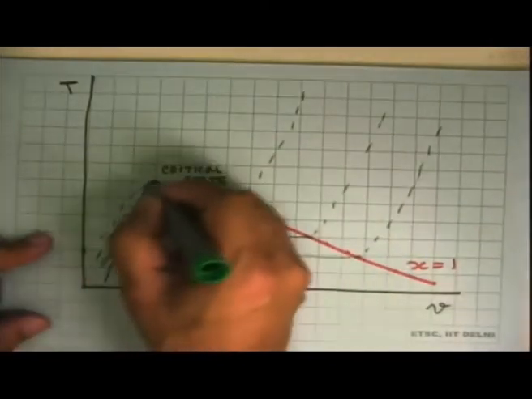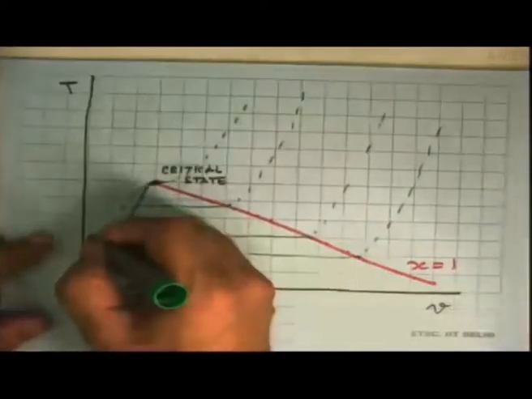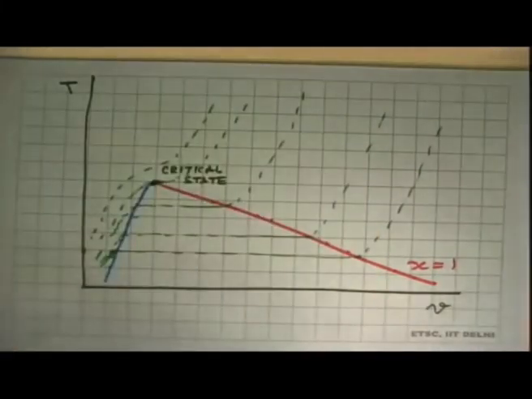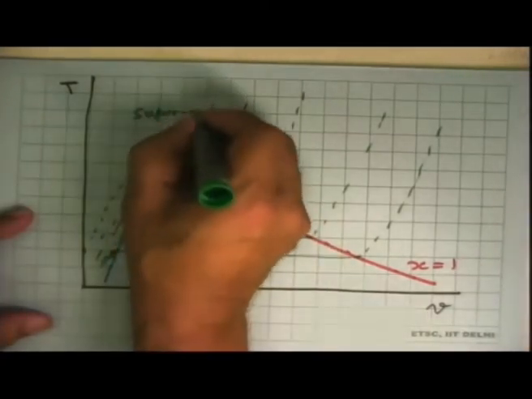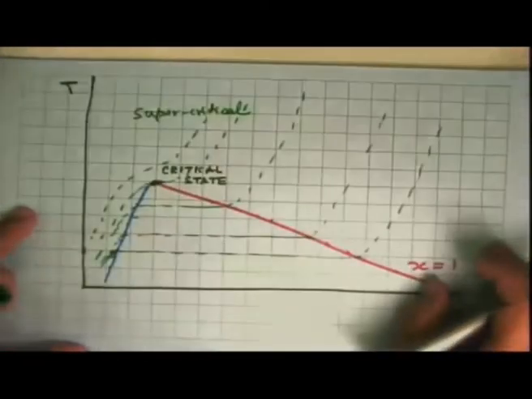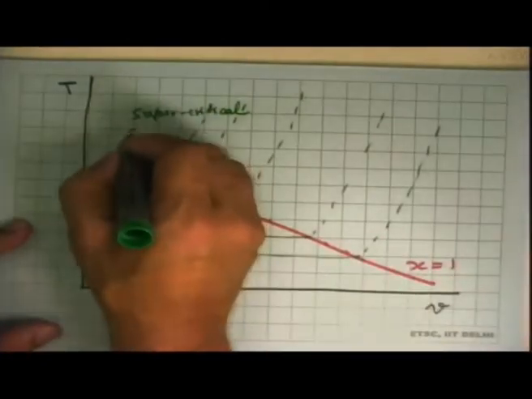In the critical state, there is a point of inflection here, and then it continues. And at pressures greater than the critical pressure, we do not see any phase change. This is what is called the supercritical fluid. And all states in this region where they are above the critical pressure and above the critical temperature are called supercritical states.